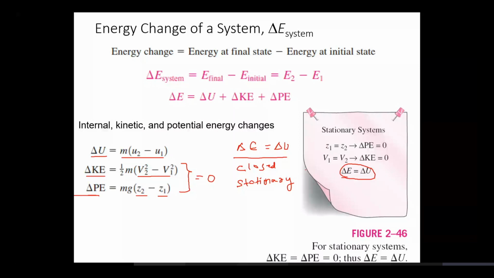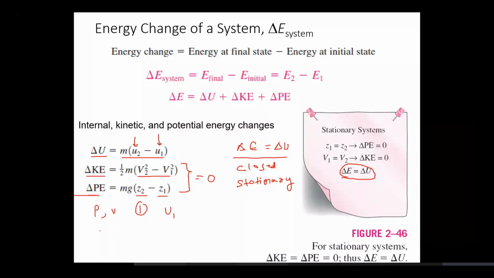Now the values of internal energy at state 1 and state 2, you will see in the upcoming chapter, chapter 3, that you can find these values from the table. If you know the state of your system, you can find the internal energy at those states. For example, if you know the pressure and specific volume at state 1, you can find the internal energy at state 1.